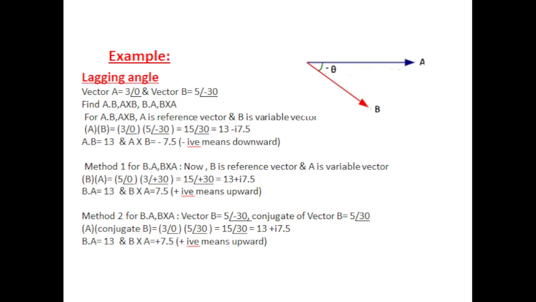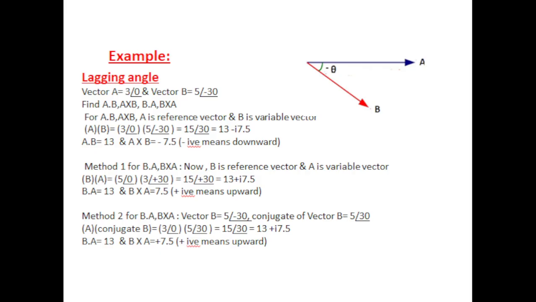Another example of vectors, lagging angle. Vector A is equal to 3 angle 0 and vector B equal to 5 angle minus 30. That is, B vector is lagging with reference to A by 30 degree. Find A dot B, A cross B, B dot A, B cross A. For A dot B, A cross B, A is the reference vector and B is the variable vector.